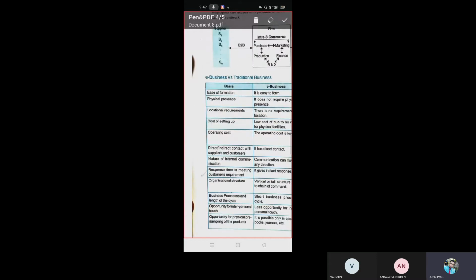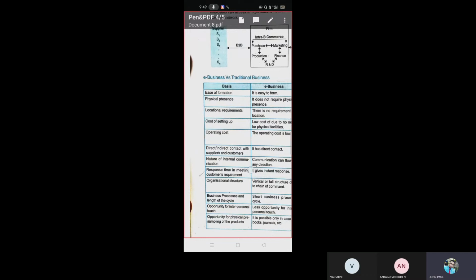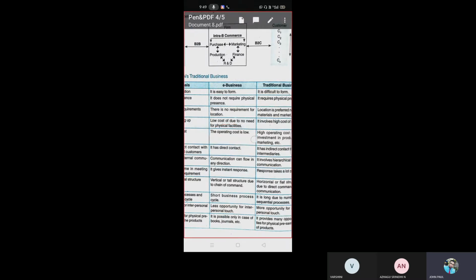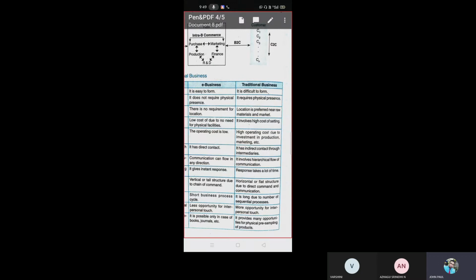What is operating cost? Operating means working. For example, if you open a showroom, we need to pay the EB bill. If it is a fully air-conditioned showroom, we need to pay for that, and also for the manufacturing process.